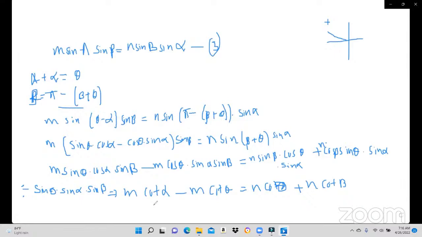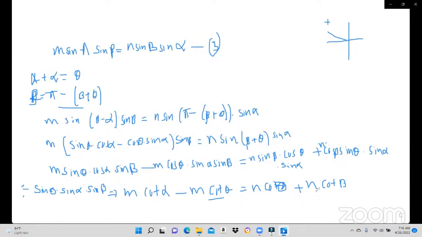So we can nicely arrange this equation. Now this n is common here. So n cot theta plus n cot beta, here cot theta is there. So I will take this cot theta part to this side. Then n cot theta minus m cot theta, isn't it? And also here n cot beta is there. Here m cot alpha is there.